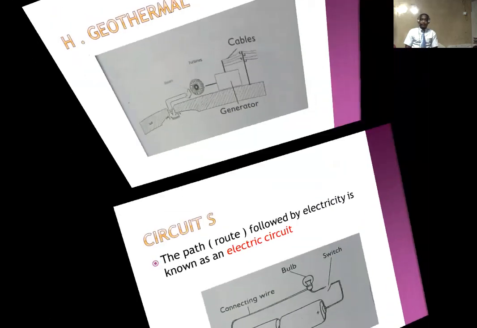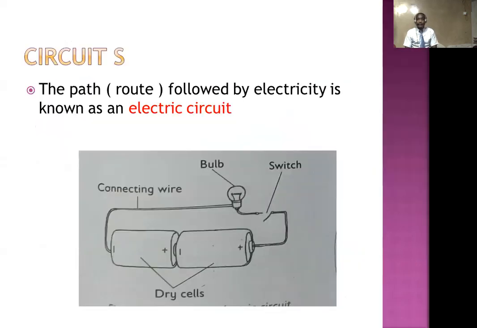Next, circuits. One is circuit. If there are many, we say circuits. The path followed by electricity is known as an electric circuit.